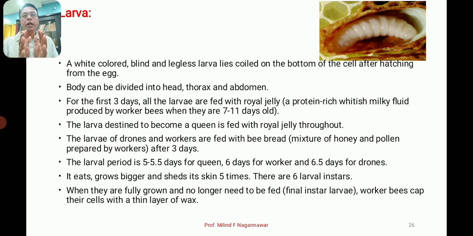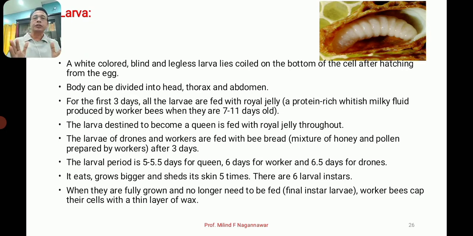The larvae destined to become the queen are continued with the royal jelly food, whereas the remaining larvae, which are going to be workers or drones, are fed with bee bread. Bee bread, as I told, is nothing but a mixture of honey and pollen prepared by the workers.